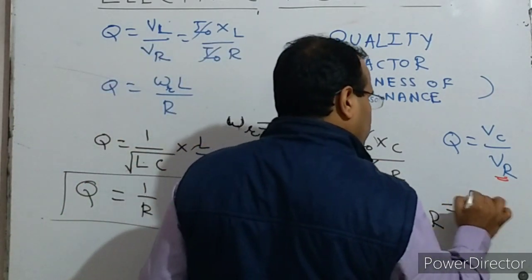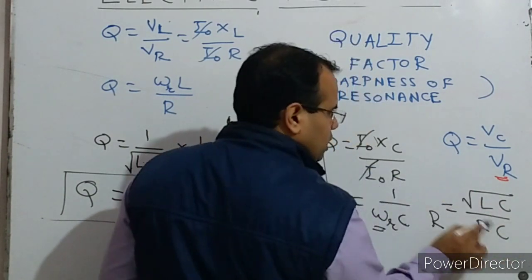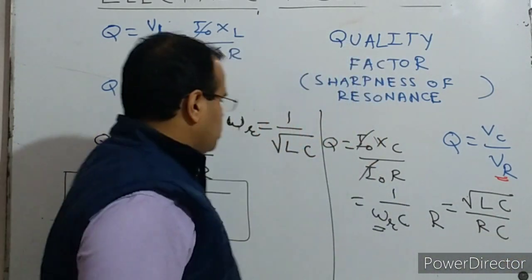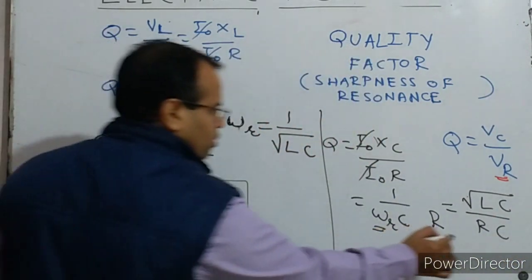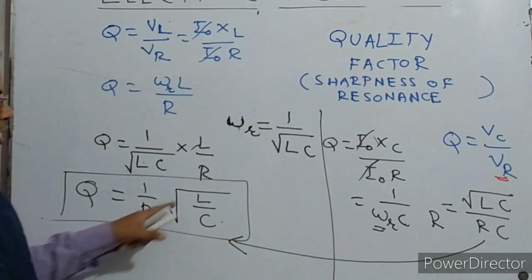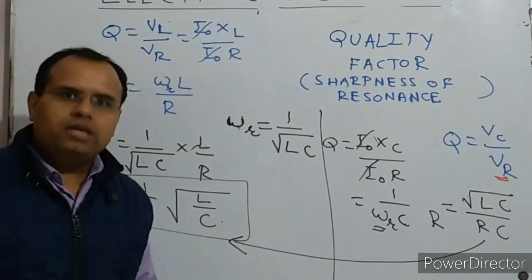So it is root LC divided by RC. Now C and root C are there, so that will be cancelled and root C will remain. If you solve this, you will get 1 upon R root L upon C. This is the expression for the quality factor.